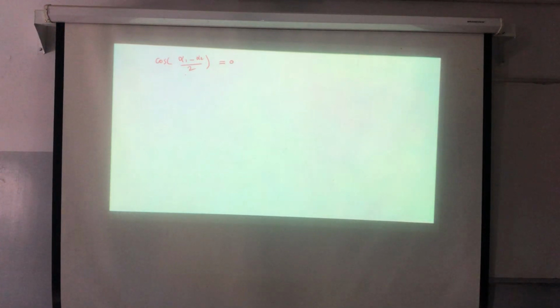So I will get the condition between alpha 1 and alpha 2 such that alpha 1 minus alpha 2. Did I make a mistake? Alpha 1, alpha 2 equal to pi? Pi over 2. No, just a minute. Alpha 1 minus alpha 2 over 2 equal pi over 2.